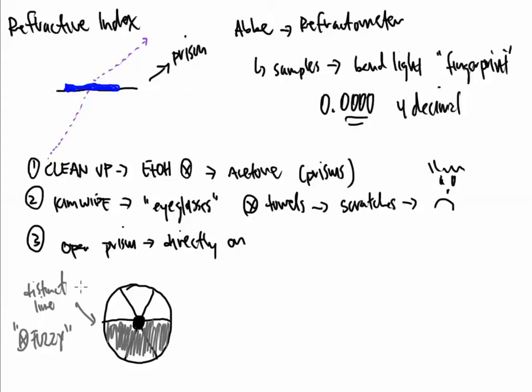If it's fuzzy, then you know that you have not set up the attachment or the machine the right way. That is a fine adjustment tool on the front that slides back and forth, and it sharpens the dividing line for you. So what you need to pay attention to is, number one, make sure that this line up at the top is not fuzzy.